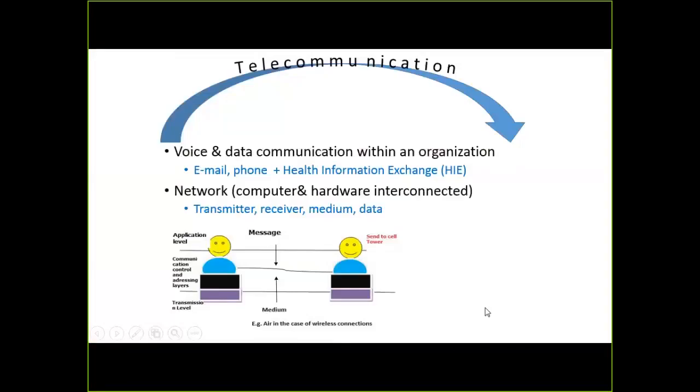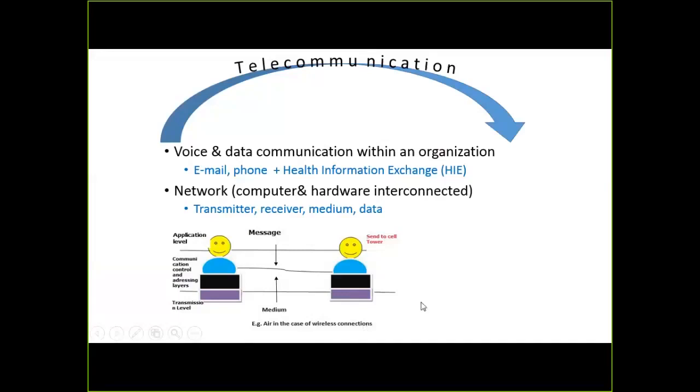Okay, let's talk about telecommunication. Telecommunication has to do with the way we communicate the information to our computers, to our vendors, and other parties. And how does that happen? It happens in different ways. The typical way to communicate is to have a transmitter, a receiver, and the actual medium and data. So this shows you the communication, the phone communication, this example.